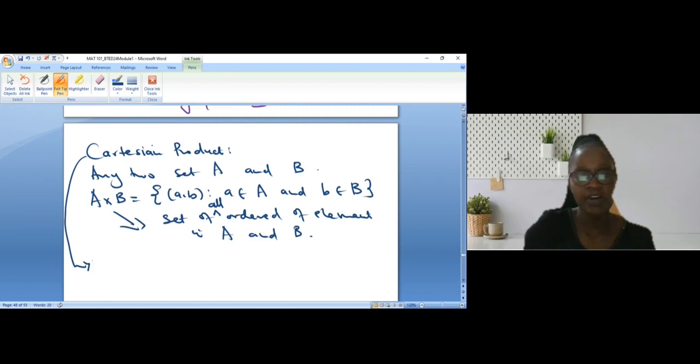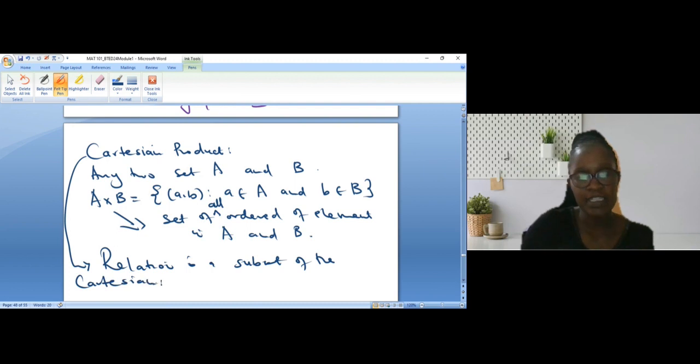So if you define a rule in which the elements are ordered, then the resulting subset is what we call a relation. So a relation is a subset of the Cartesian product.